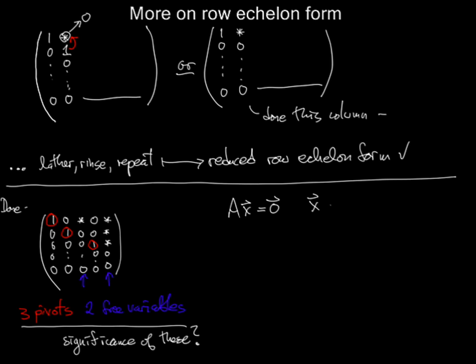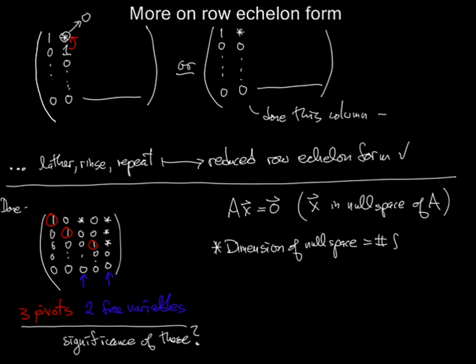So the answer is, if you're trying to solve an equation AX is equal to 0, that is to say x is in the null space of A, what do we know about that? Well, the dimension of the null space is exactly the number of free variables. And what about the pivots? Well, I've talked about this.